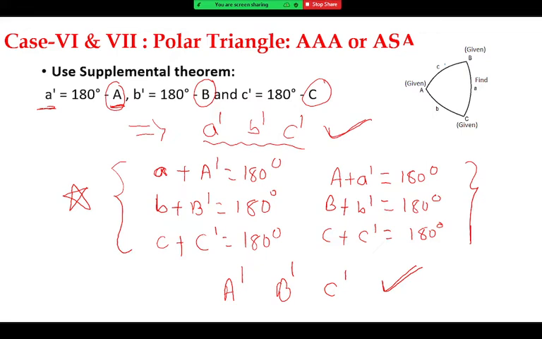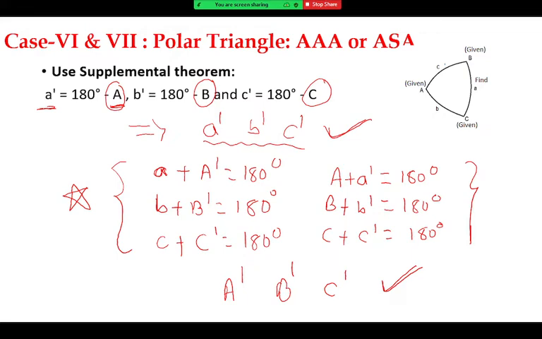Once we get capital A dash, B dash, C dash, and if our aim is to get the values of small a, b, c, what should be done? This capital ABC is given. Okay, you are giving me the formula, but I'm not interested in the formula right now.